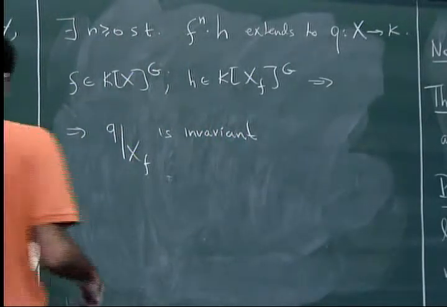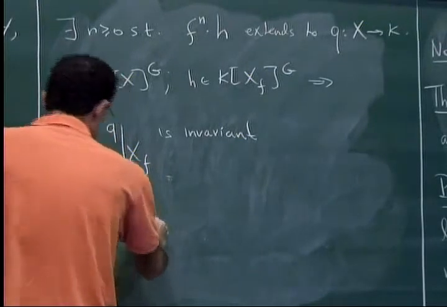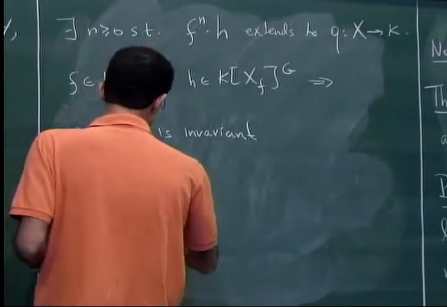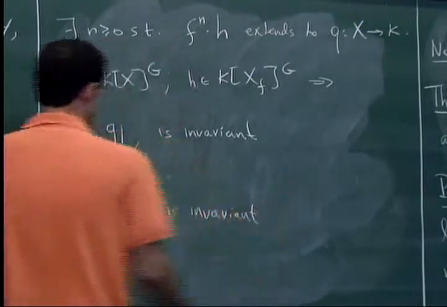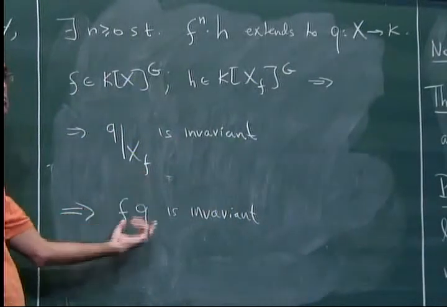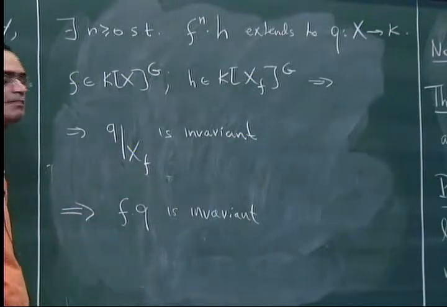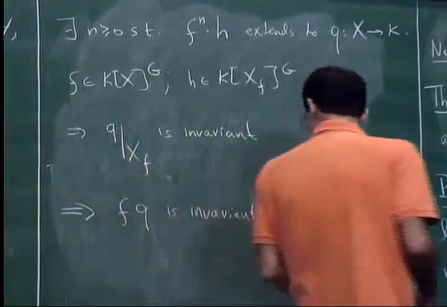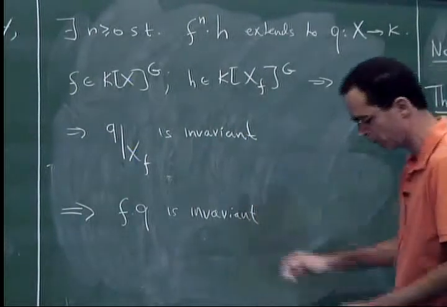Now, it's possible to do it slightly differently, but I will be lazy here. The multiplication F times Q is invariant, because it's 0 where F is 0, and where F is non-zero, it's invariant. Of course, if you're dealing with non-reduced, and I'm not dealing with that here, you have to be a bit more careful.